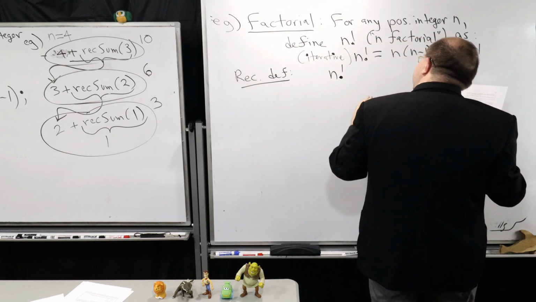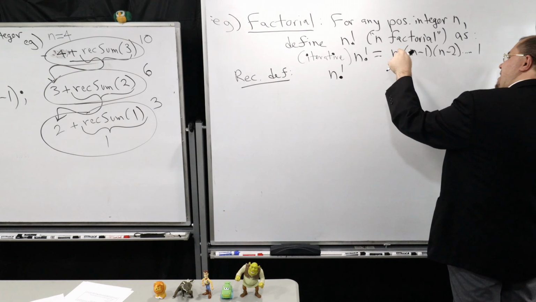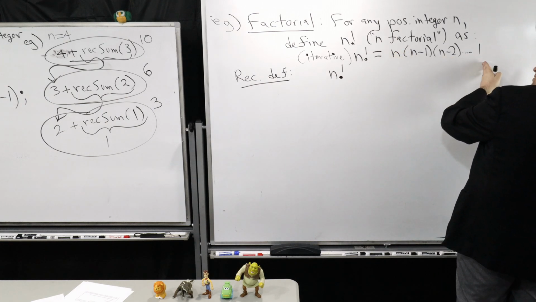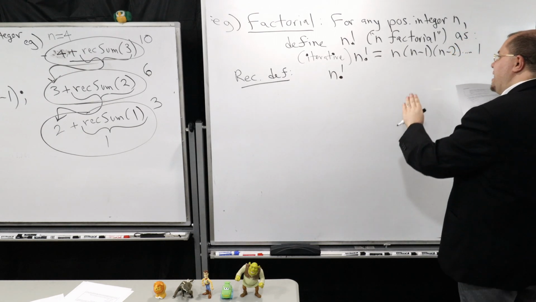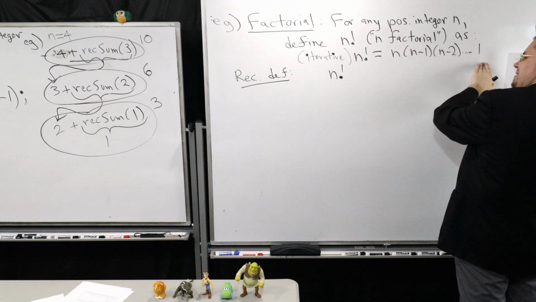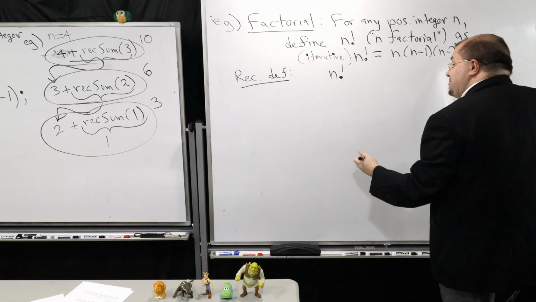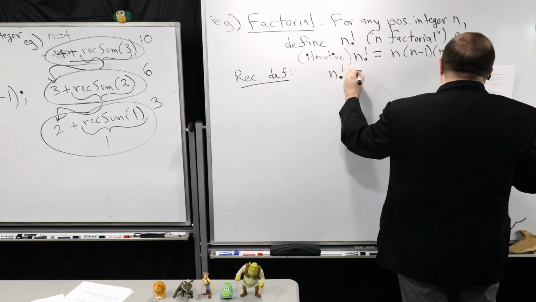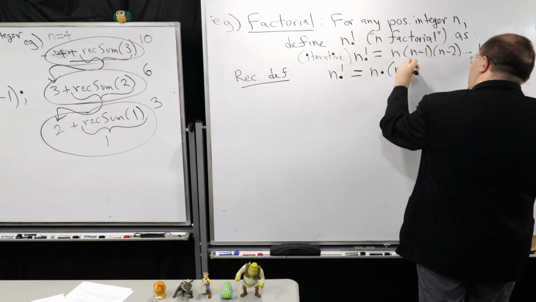Notice that when I do this product here, just like my previous example, it's n times all of this, right? Just like if I had considered only n minus 1, it's n minus 1 times all of this. So I could characterize it as n times (n minus 1) factorial.